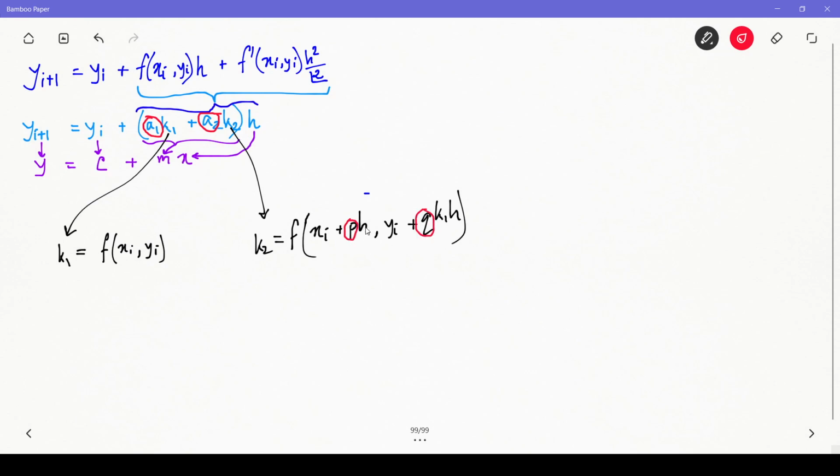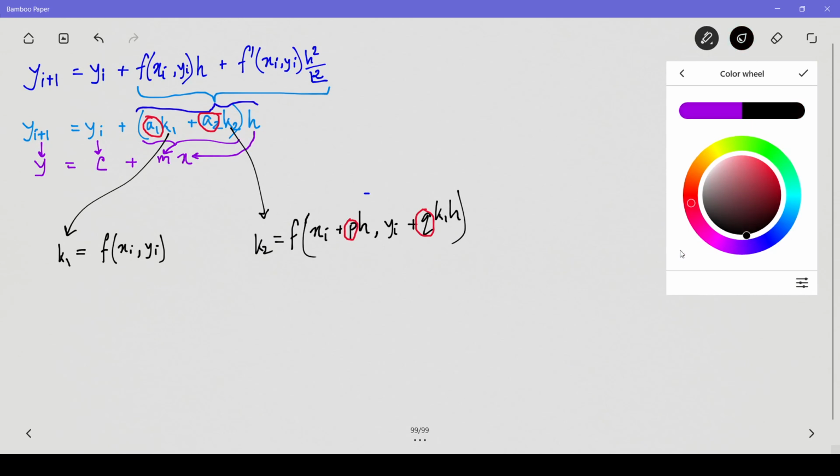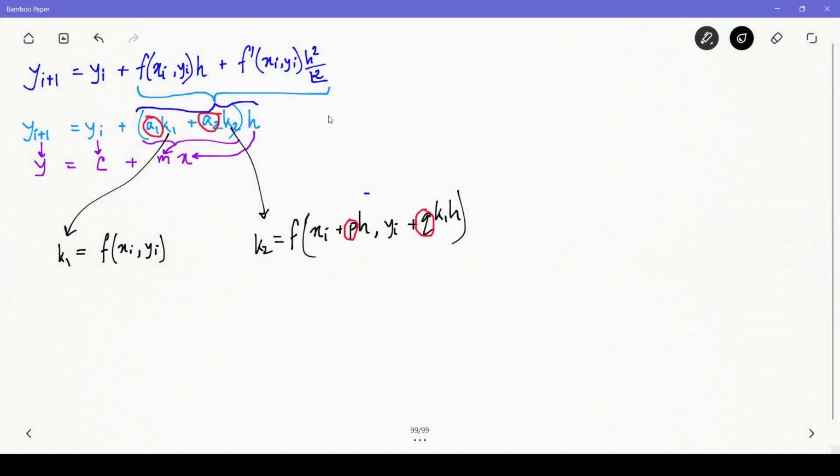Okay, so since we have these two equations that are basically the same thing, we'll try to express them in such a manner which will help us equate the coefficients of these two expressions. If you recall, what does equating the coefficients mean?